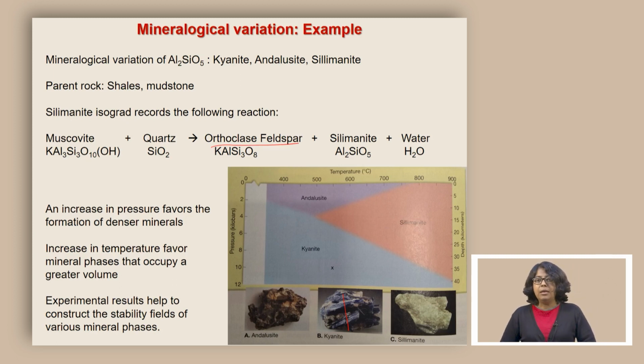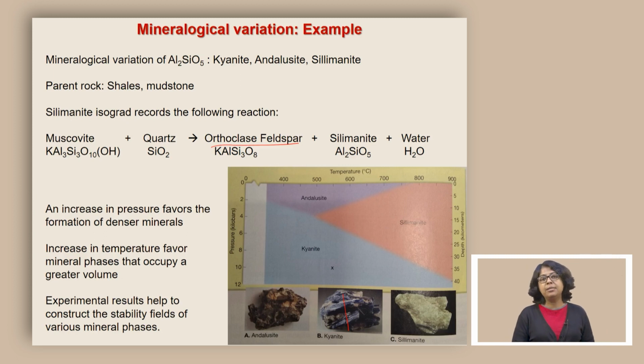Now, the interesting pattern is that they are not really stable in all kinds of pressure temperature condition. Each of these polymorph is stable into a relatively narrow zone of temperature and pressure, and that is one of the most interesting part of this mineralogical variation. Why does it happen?